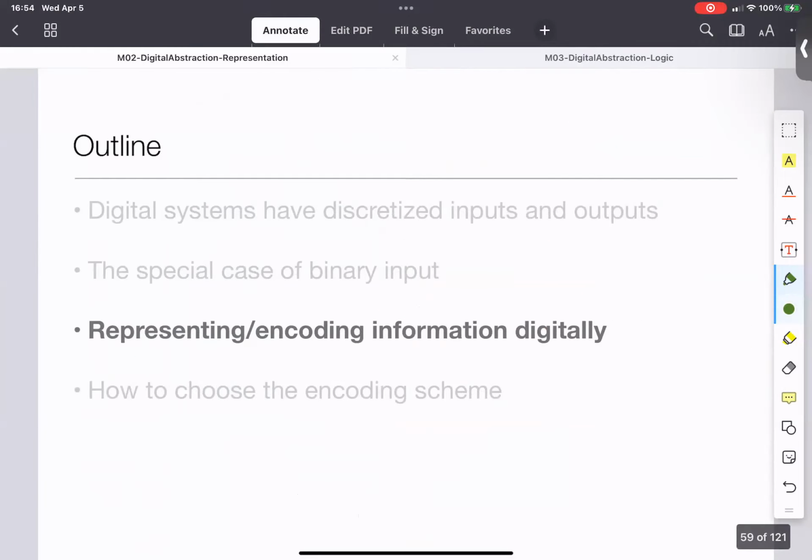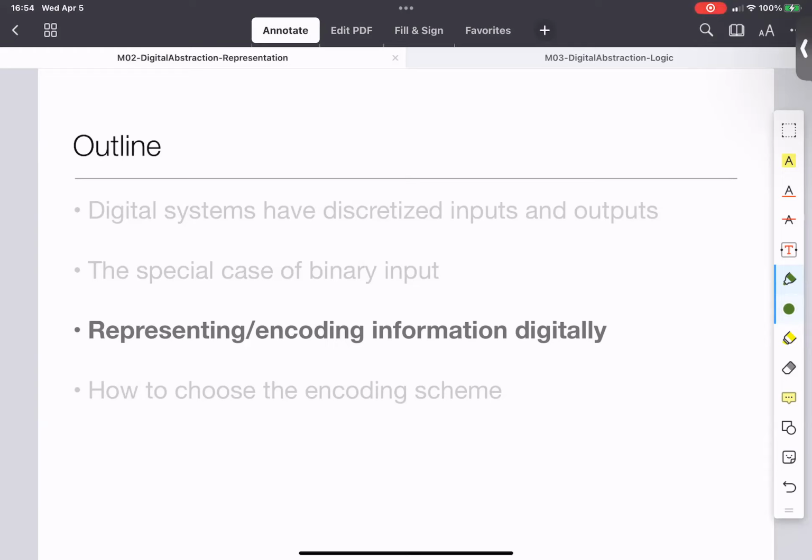Okay, so now we know how to map 0 and 1 in terms of voltages. Now let's back up and think about, given I'm designing a system, how do I decide how to represent whatever information I need in terms of ones and zeros? We know how to represent ones and zeros in voltages. That part is solved.